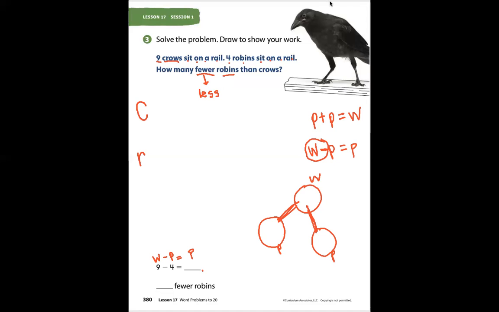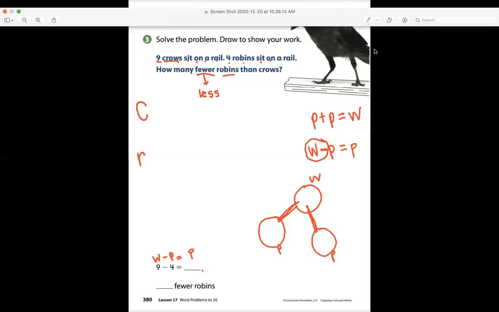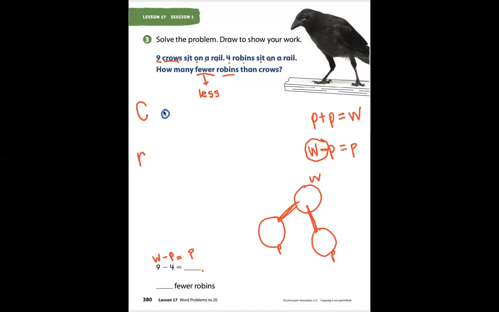So it says there are 9 crows, so we're going to draw 9. 1, 2, 3, 4, 5, 6, 7, 8, 9. There are 9 crows sitting on the rail. 4 robins were sitting on the rail.